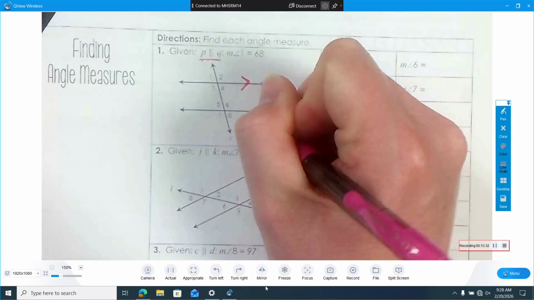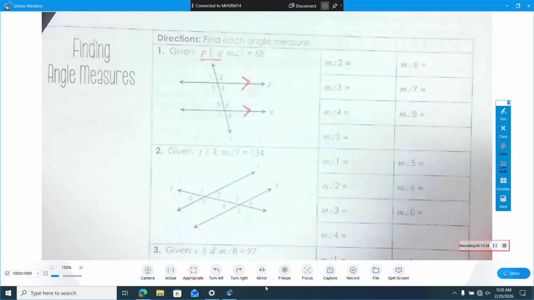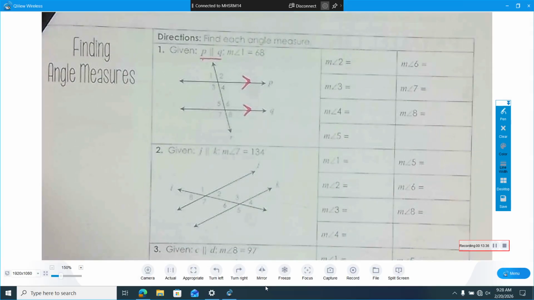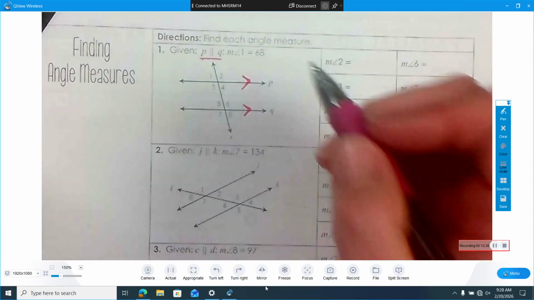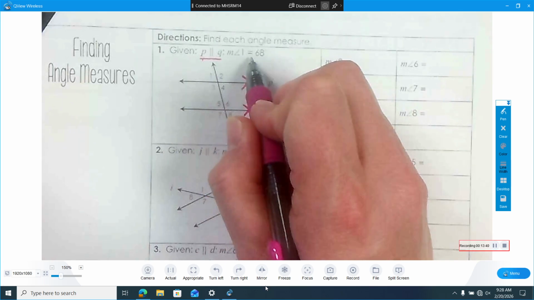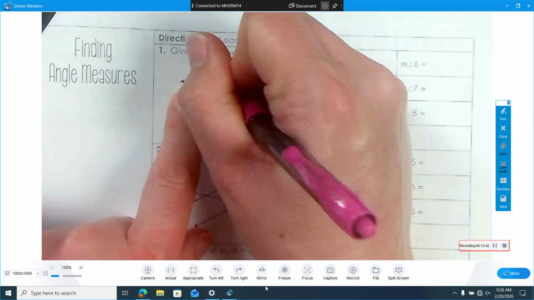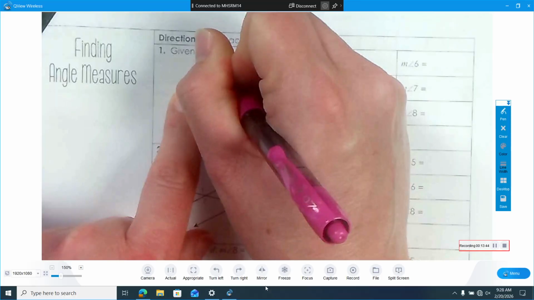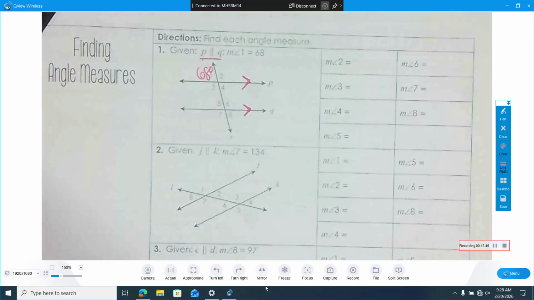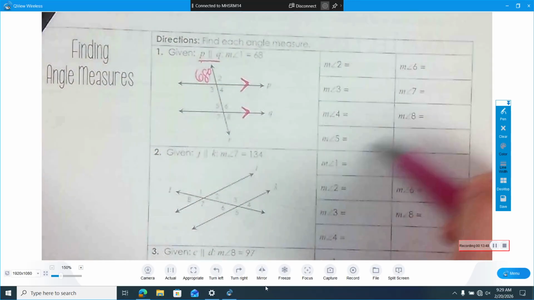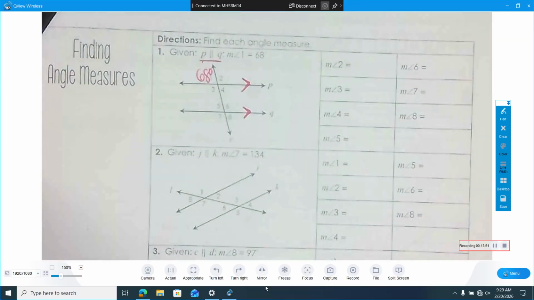This only works when we have parallel lines. So we have to make sure that we have parallel lines. Now it says the measure of angle 1 equals 68 degrees. So I'm going to go ahead and mark in there 68 degrees right here at angle number 1. And instead of answering all these questions, I want to just fill in the picture, ladies and gentlemen. So let's just fill in the picture.